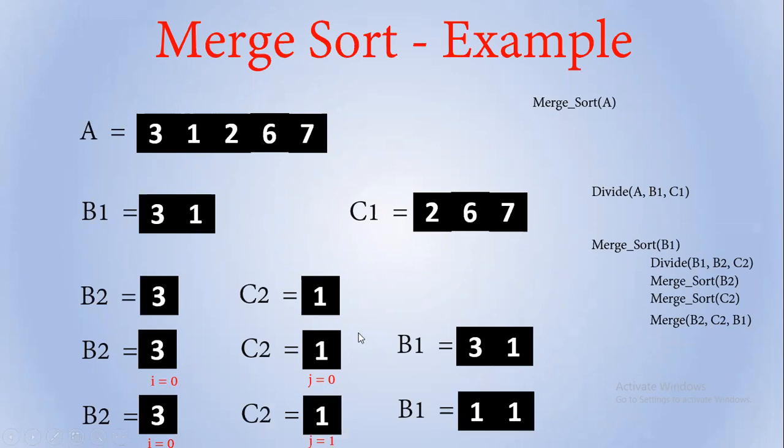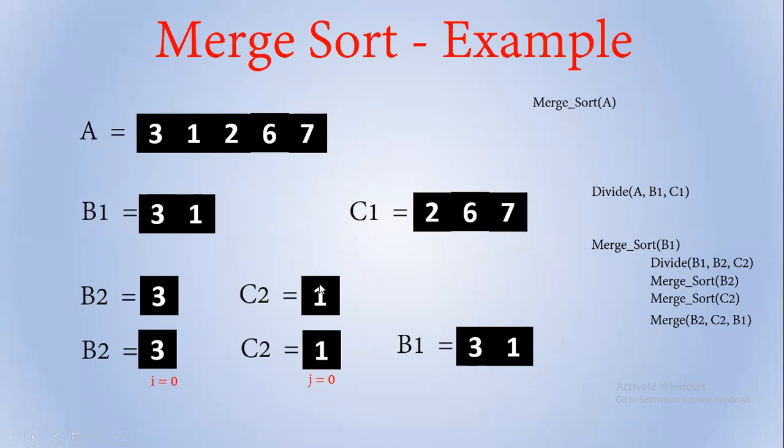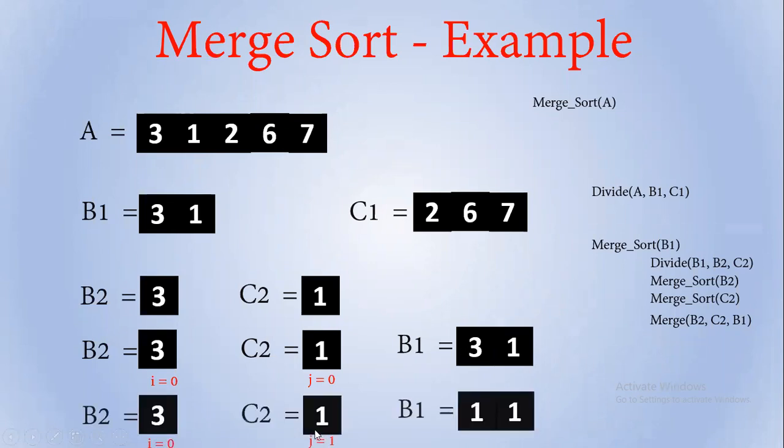When this is compared, this is lesser than this one. So j will be incremented by 1, and B1's first element will be 1.